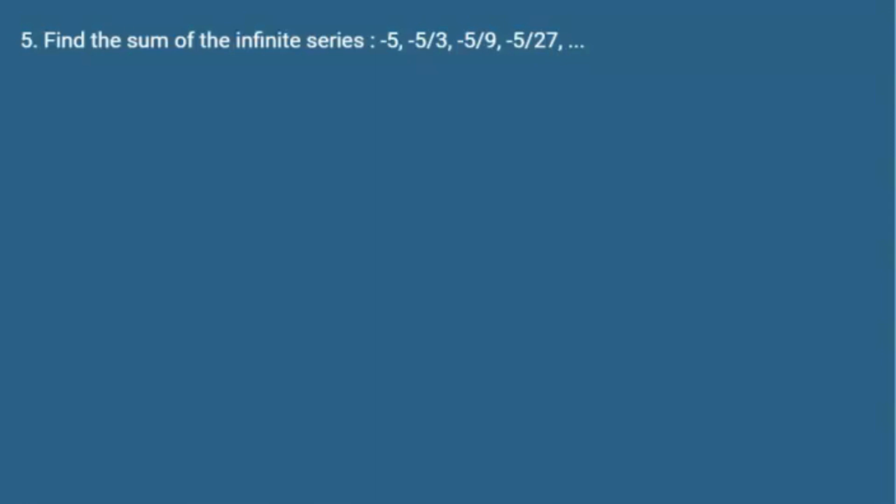We can do that by getting the common ratio, because if the absolute value of the common ratio is greater than 1, it diverges, so we cannot use the infinite series formula for getting the sum. It needs to be less than 1 for the series to converge.